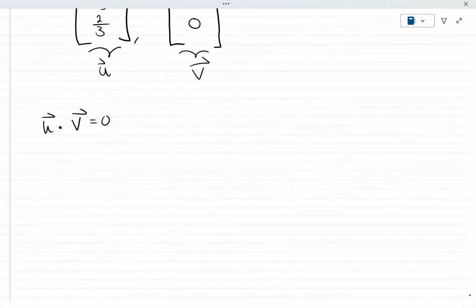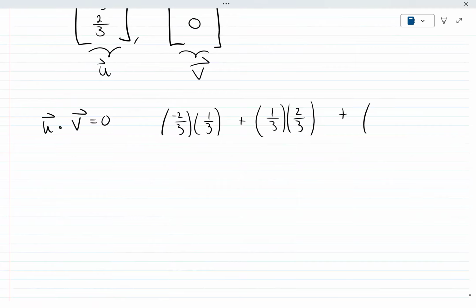Is that true? It's going to be -2/3 times 1/3 plus 1/3 times 2/3, plus 2/3 times 0. So this is going to be -2/9 plus 2/9 plus 0. That gives you 0. So yes, 0 equals 0.